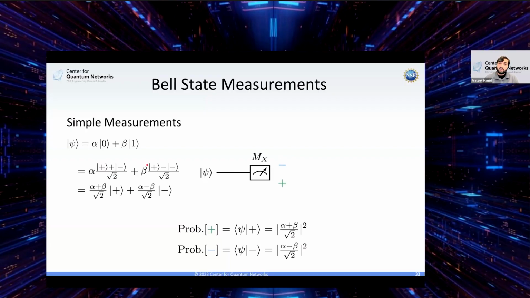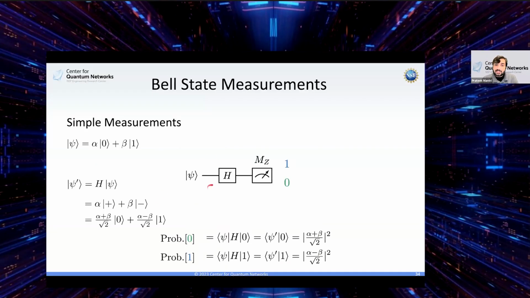Similarly, if we were to do this measurement in the x basis, our responses could be minus or plus. We can do some algebraic manipulation on this state to represent it as some coefficient ket plus plus some coefficient ket minus. And we can compute the probability of getting a plus or a minus by the mod of these prefactors.